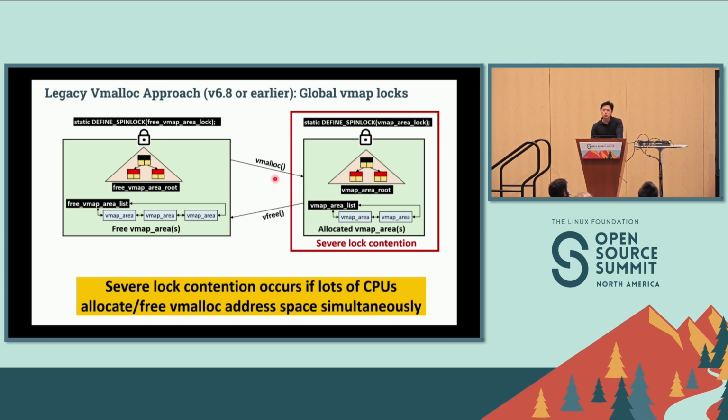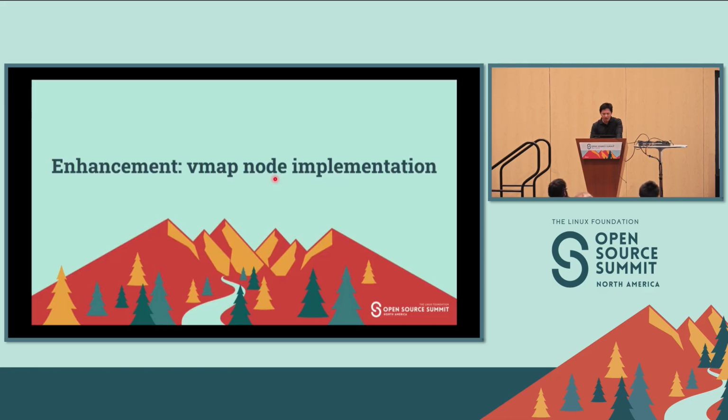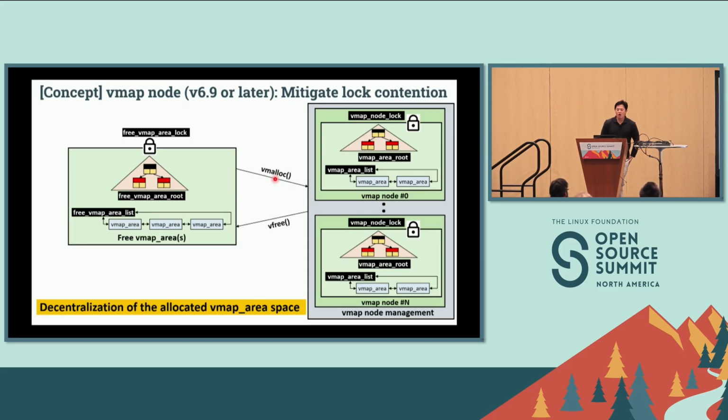But it's important to remember here that the legacy approach was simple, but inherently not scalable on modern multi-core systems. That's why we introduced the enhancement using the vmap node implementation. The concept of this enhancement is to decentralize the management of the allocated vmap area space by splitting it into vmap node structures.